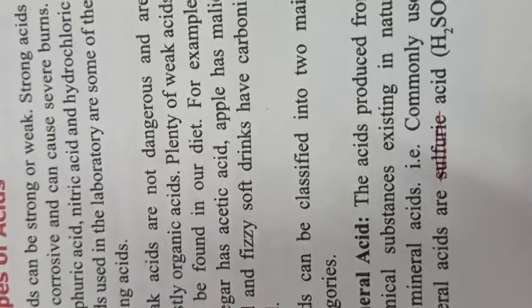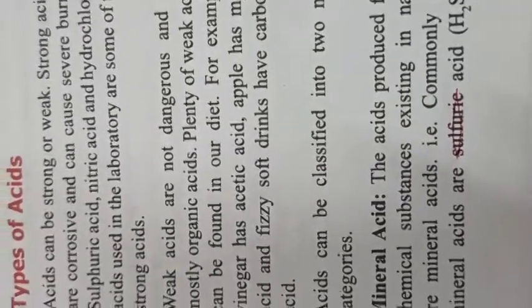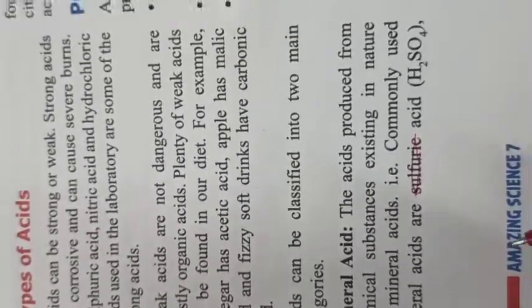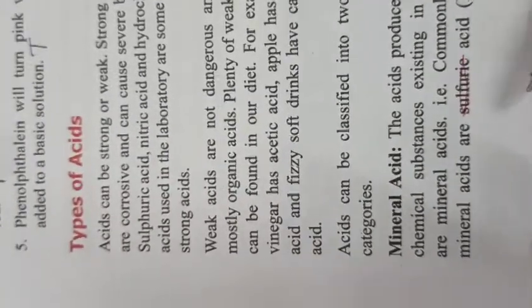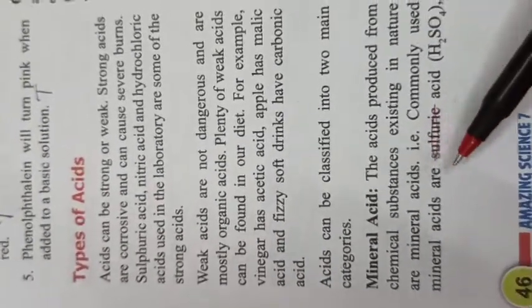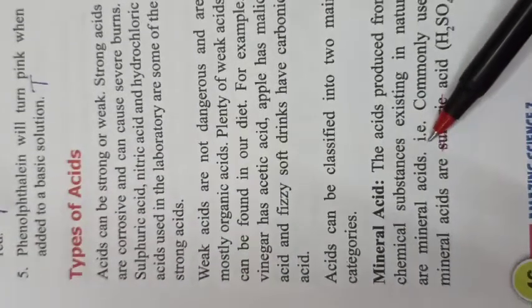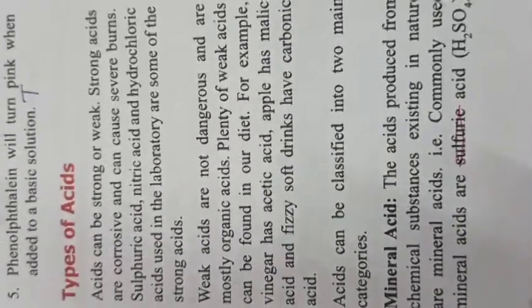Here we are studying the mineral acids. Children, mineral acids are those acids which are produced from chemical substances. We can make these kinds of acids in our laboratory or with the use of some chemicals. Understand?